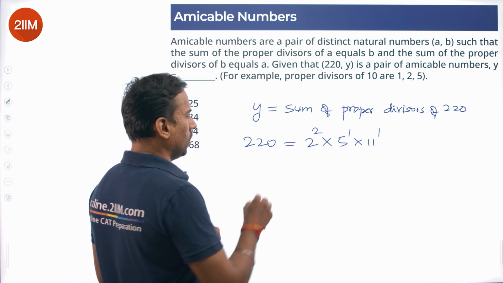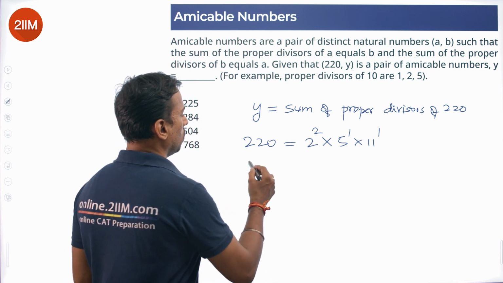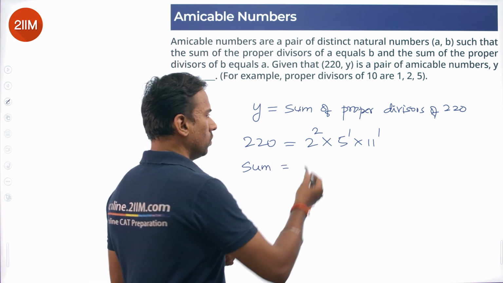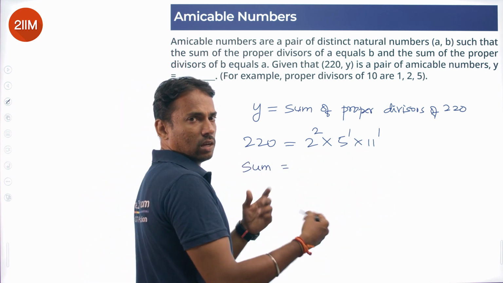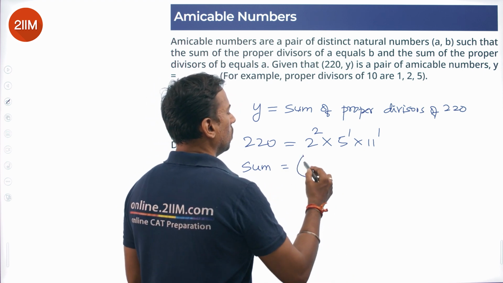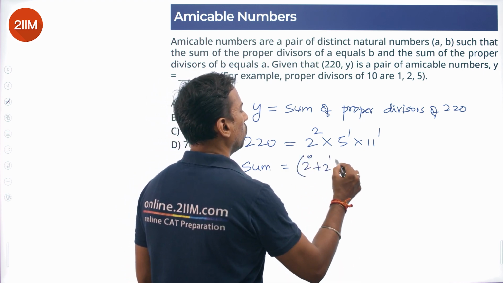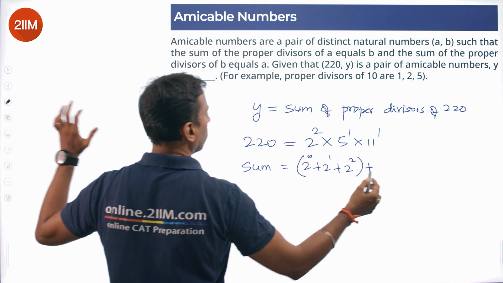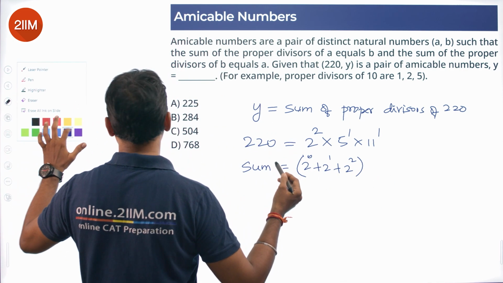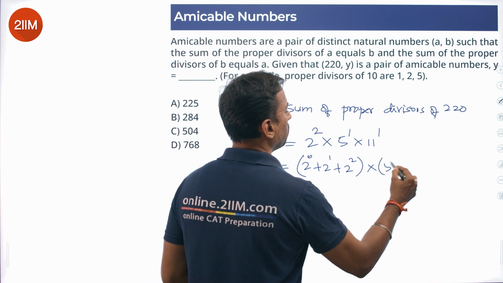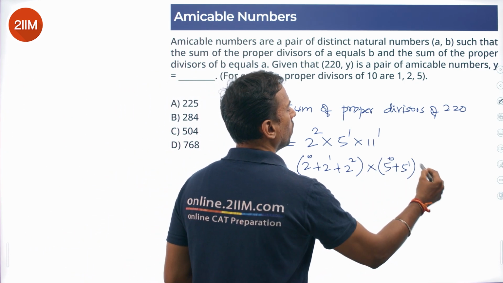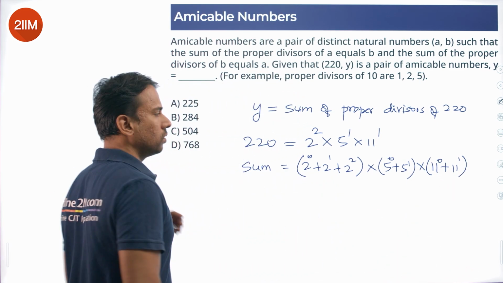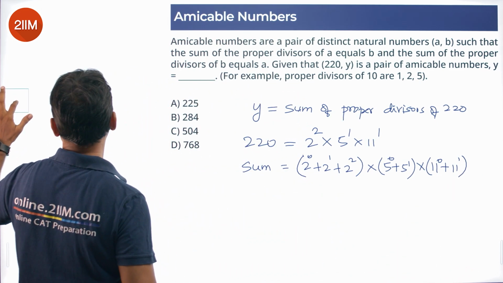Now we'll find the sum of all the factors. Once we have prime factorized, the procedure is 2 power 0 plus 2 power 1 plus 2 power 2, multiplied by, so that's how we find the sum of all factors, right? Into 5 power 0 plus 5 power 1, into 11 power 0 plus 11 power 1. Now we need to simplify this expression.